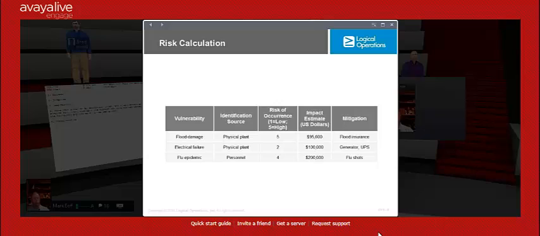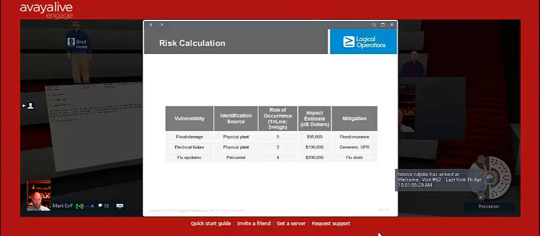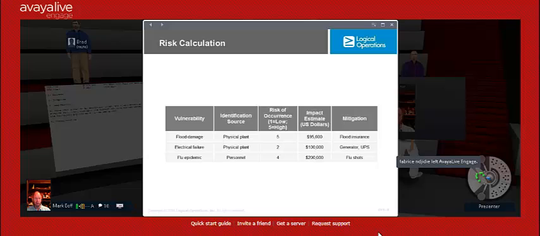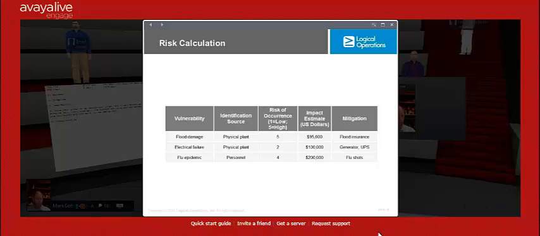A related term is ALE, annualized loss expectancy. Factor this out over a year, annually. Let's say, just for the sake of argument, that records back up that the facility floods on average every 10 years. So once every 10 years, you're going to suffer a $95,000 hit.